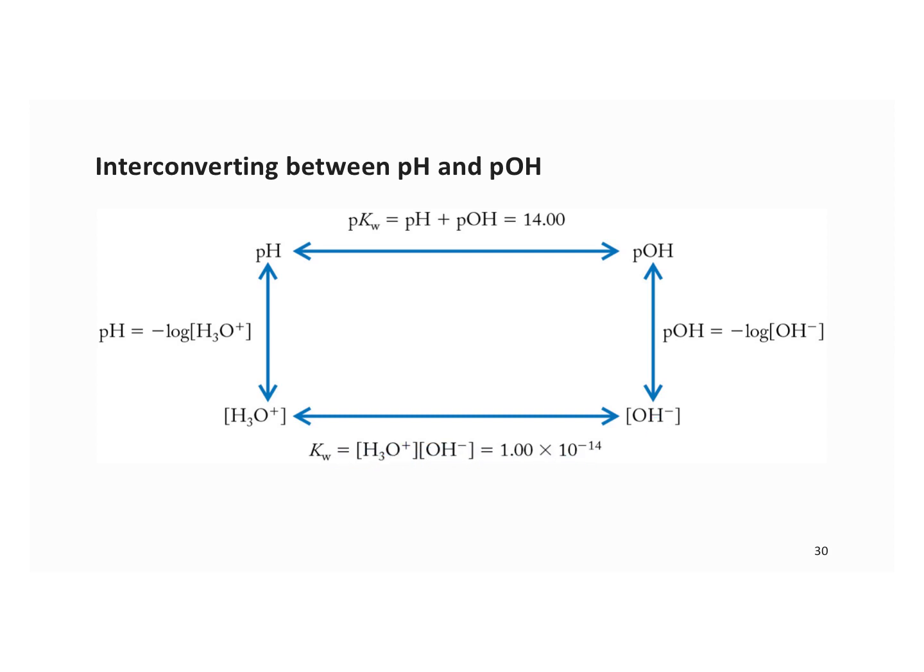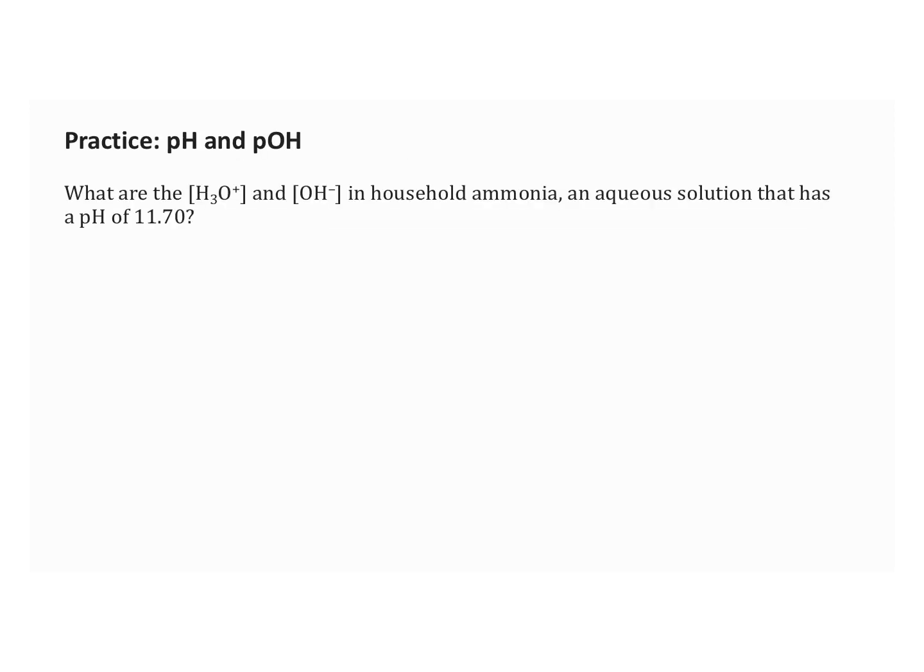If you need to go to pOH, use this relationship here. If you need to go backwards, you need to take the anti-log. Same thing here. If you have H3O+ and you need to go to pH, you can use this equation. And if you need to go from pH to pOH, you can use this equation here. All of these equations are useful, and if you're more of a visual learner, you might find that to be really helpful.